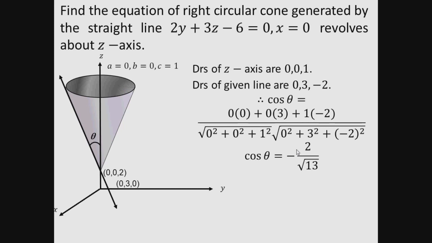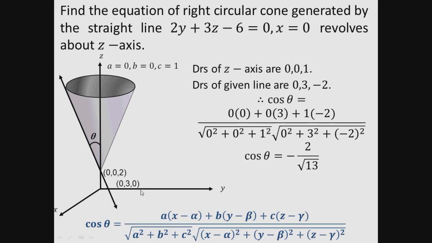Now take any point x, y, z on that right circular cone, take alpha, beta, gamma as 0, 0, 2 and take a, b, c as 0, 0, 1 and use the formula of cos theta. a into x minus alpha plus b into y minus beta plus c into z minus gamma divided by square root of a square plus b square plus c square into square root of x minus alpha square plus y minus beta square plus z minus gamma square.